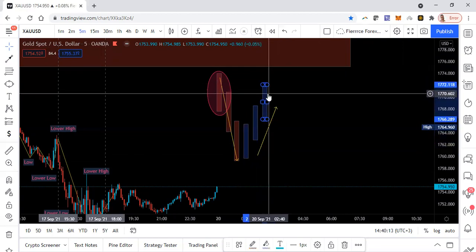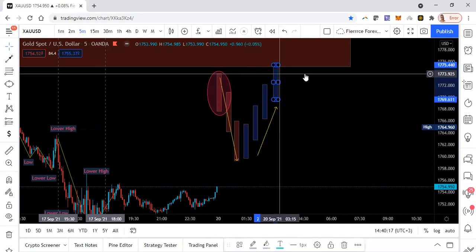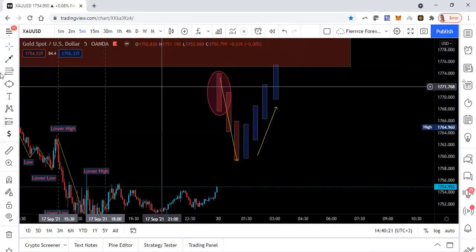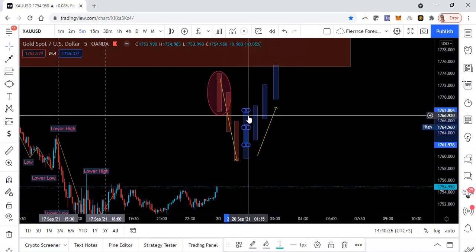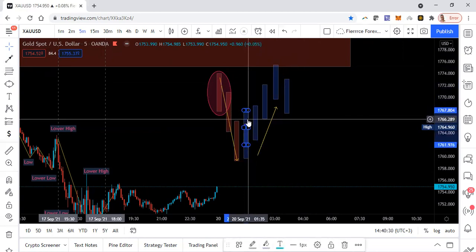So we could continue pushing on up. Now, when we stop pushing up, like we've got into this zone here, and then maybe we start pushing down again, and the cycle continues, okay?